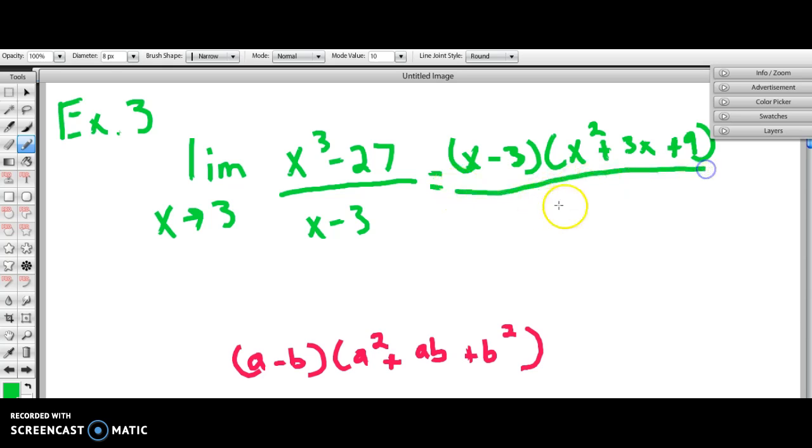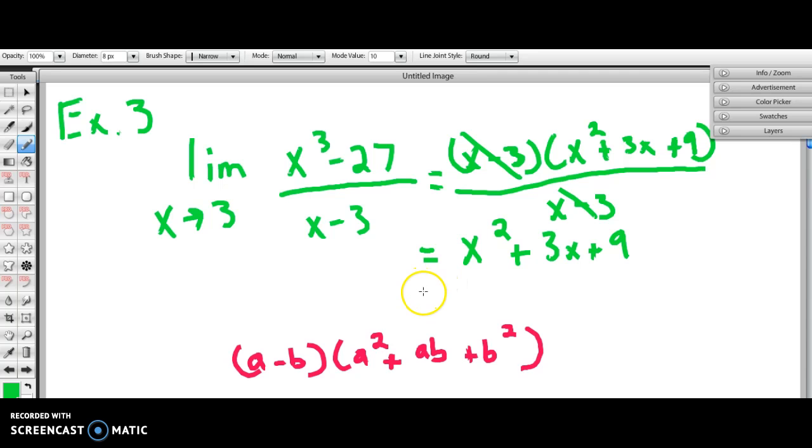Over x minus 3. We see that these cross out. Whenever you see that, you know that you're doing something right. Now we can plug in our 3 here.